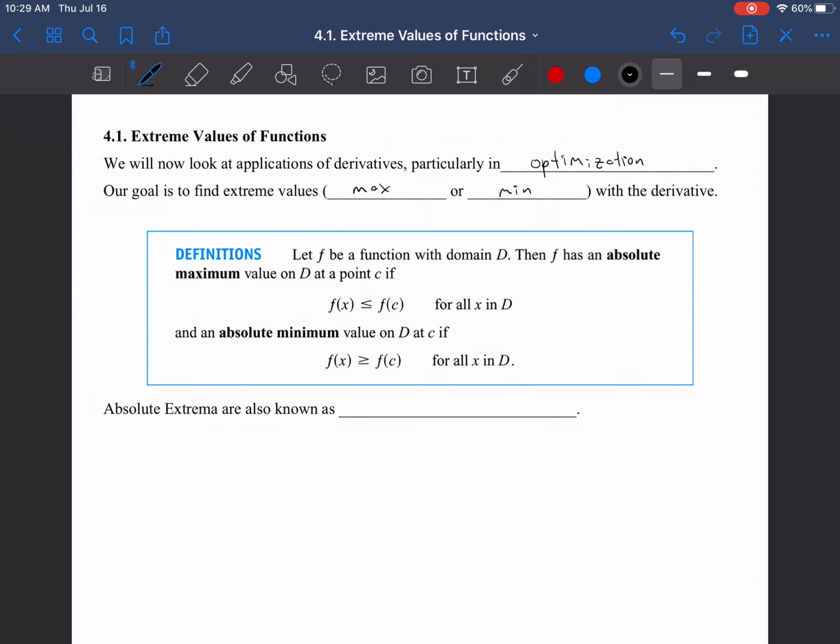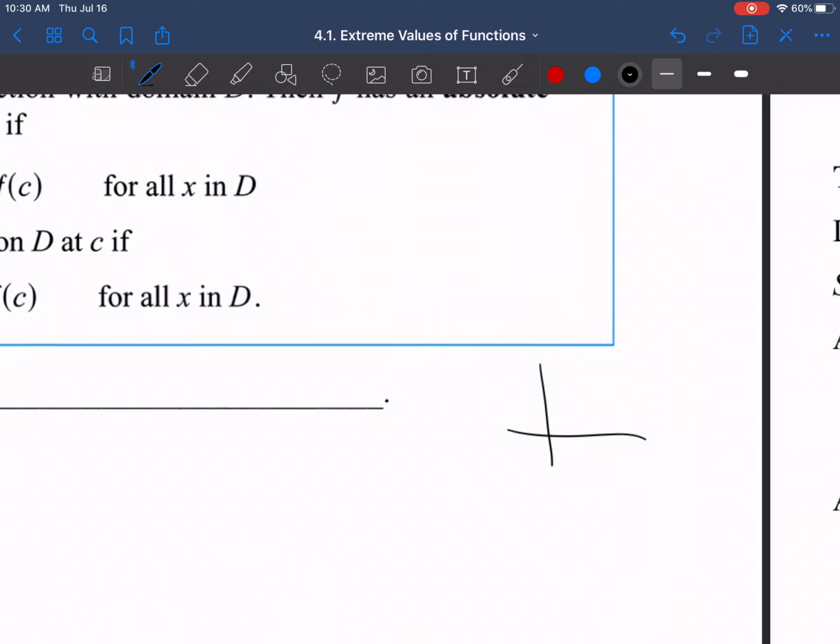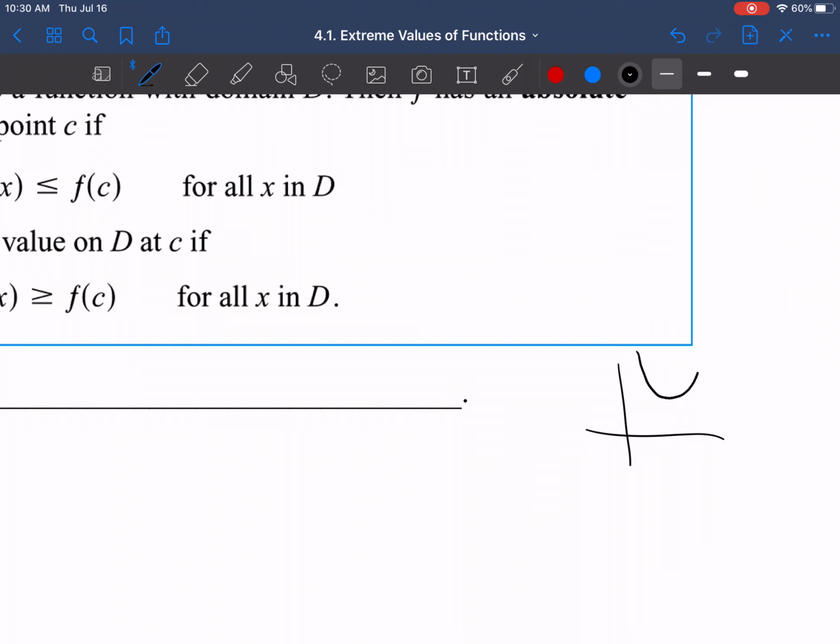What this is saying is essentially, if we have some sort of function going on here, I'm going to zoom in on this, and we have a function that's doing something like that, and we'll say that from here to here is our domain.